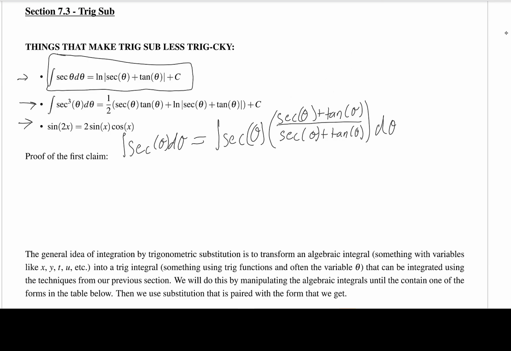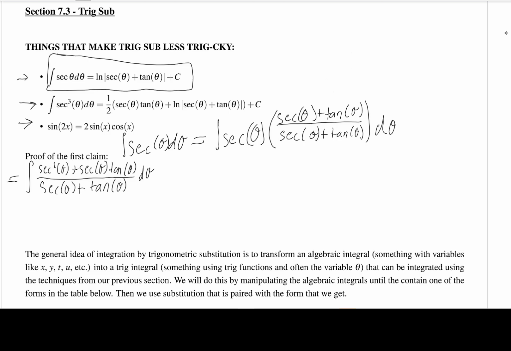Okay, now let's look at how this is going to work out. What I'm going to do is multiply out that secant theta to our numerator. And so we'll get secant squared theta plus secant theta tan theta over secant theta plus tan theta d theta.